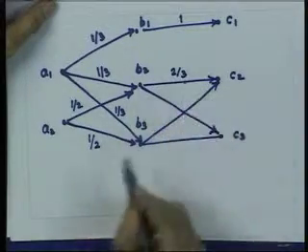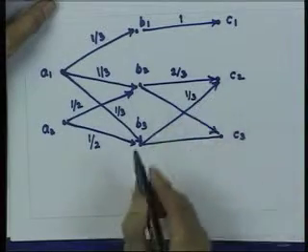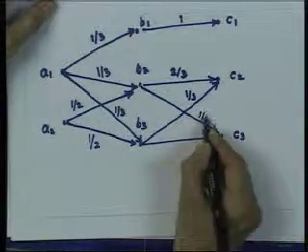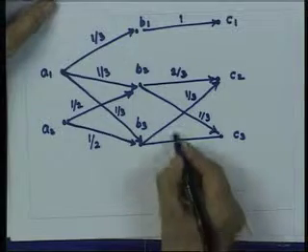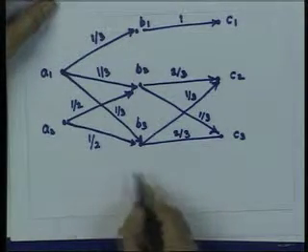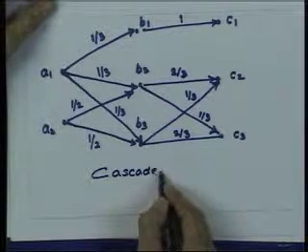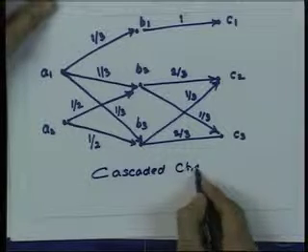Probability of C2 given B2 is 2/3, this is 1/3, this is 1/3, and finally this is 2/3. So, this is the channel diagram for the cascaded channels.